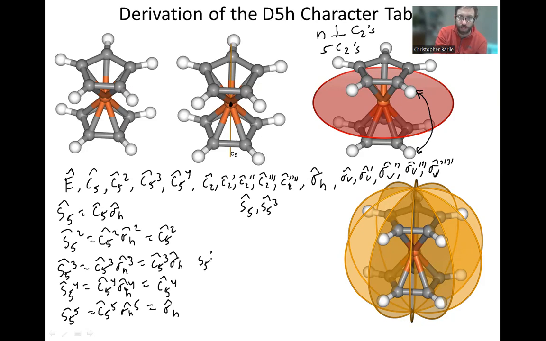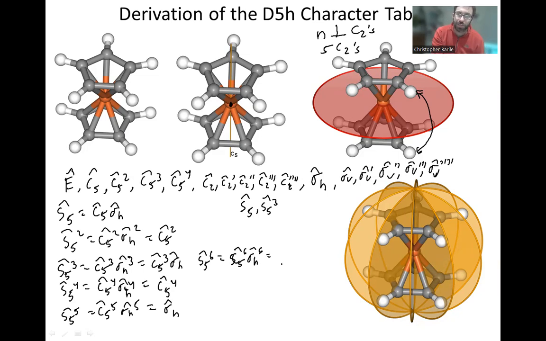We can then do S5 six times. That's going to be equal to a C5 six times followed by sigma h six times. Sigma h six times is identity. C5 six times, well, what is that? A 432 degree rotation.